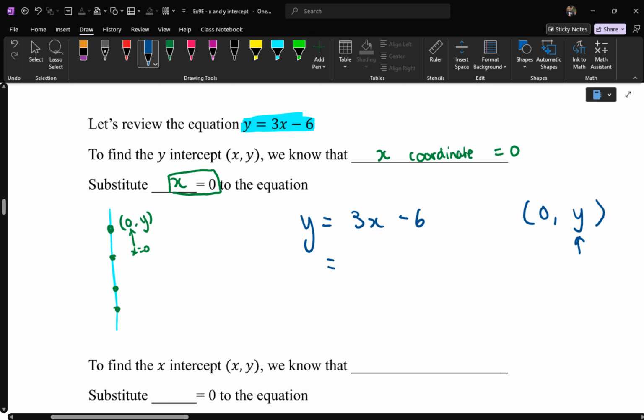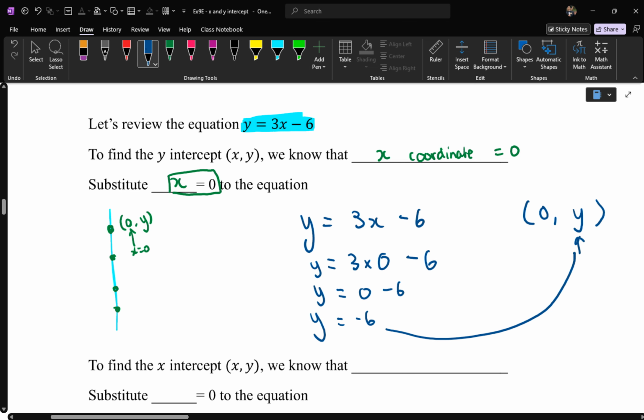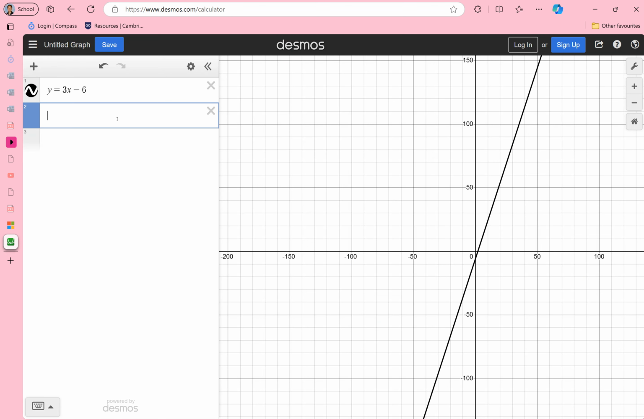Here, the rule says 3 times x, which we want to be 0, and then you minus 6. 3 times 0 is 0. 0 minus 6 is -6. So y must equal -6. And what that means is your y-intercept is at 0, -6. Get me? This is your y-intercept. So let's see if that's true. If I type in now, in the equation, I type in 0, -6.